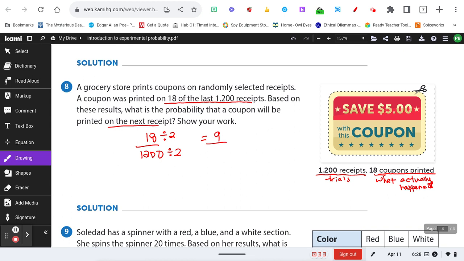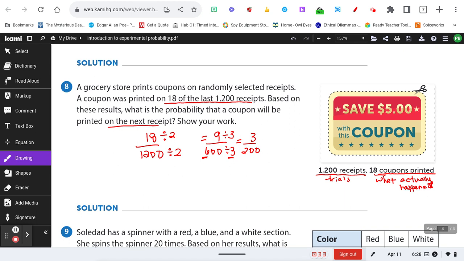If you take 1,200 divided by 2, you get 600. Both of these you can divide by 3. 9 divided by 3 is 3. 600 divided by 3 is 200. So that's 3 out of 200, and you can't simplify that any further. So 3 out of 200 is your fraction.